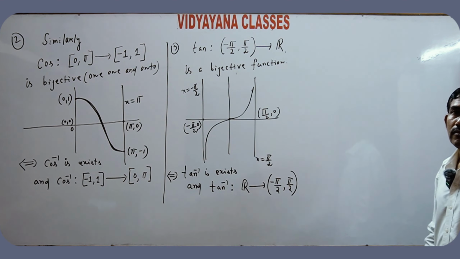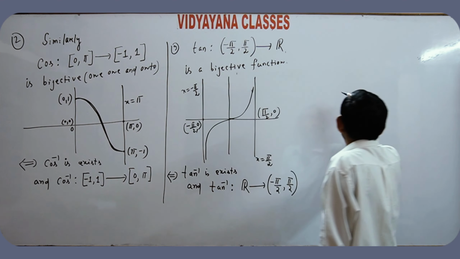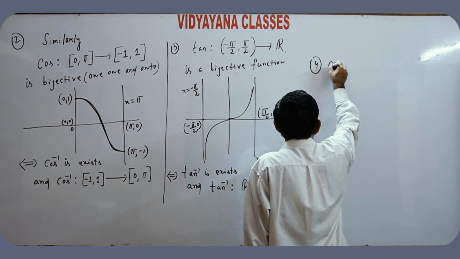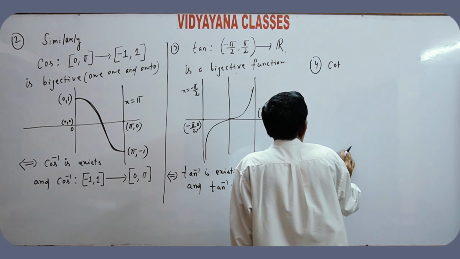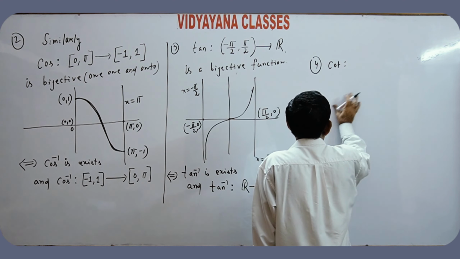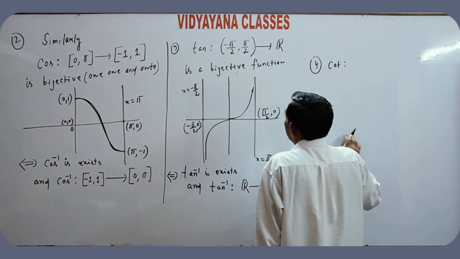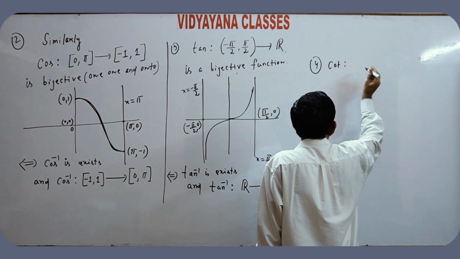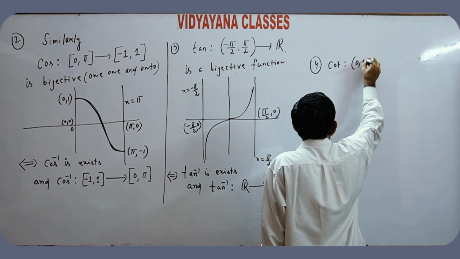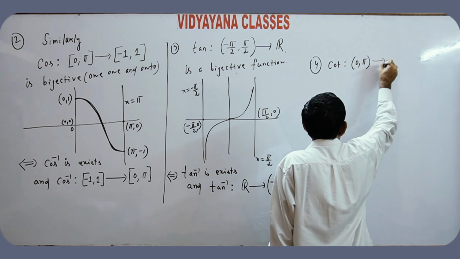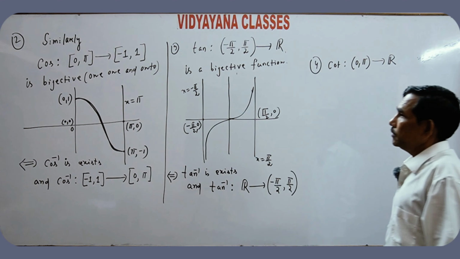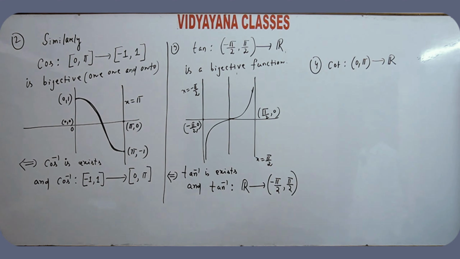Clear? Okay. For the cot function, the domain is the open interval (0, pi) and the codomain is the set of real numbers, that means minus infinity to plus infinity.